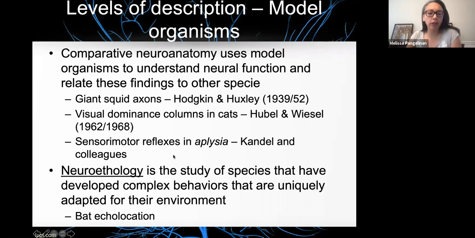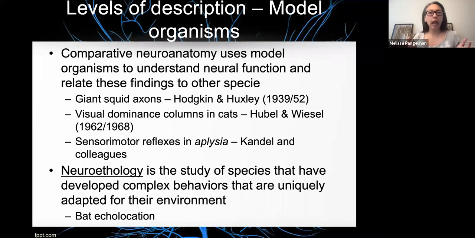The goal of comparative neuroanatomy is to compare one organism with another organism, so giant squid axons to humans. There are other examples in which we use model organisms that we really can't make comparisons with. An example of that is bat or dolphin echolocation.